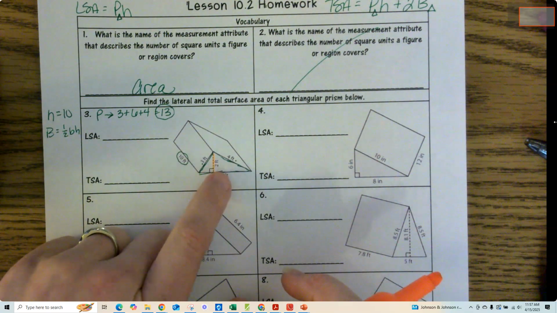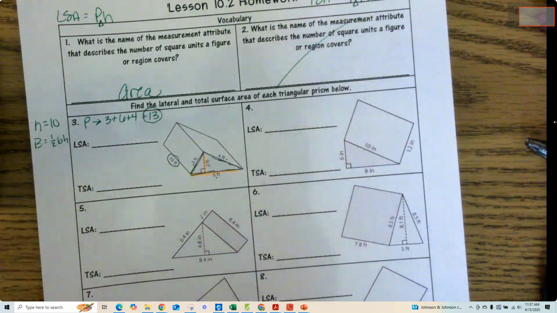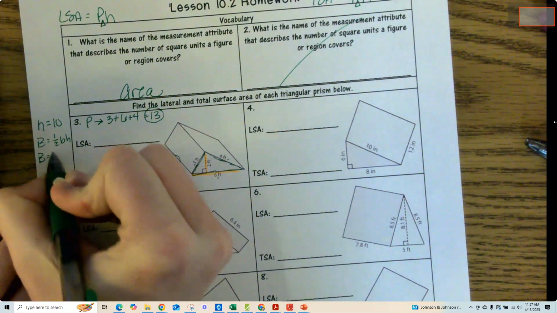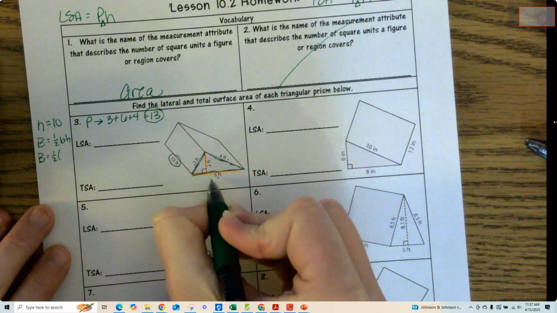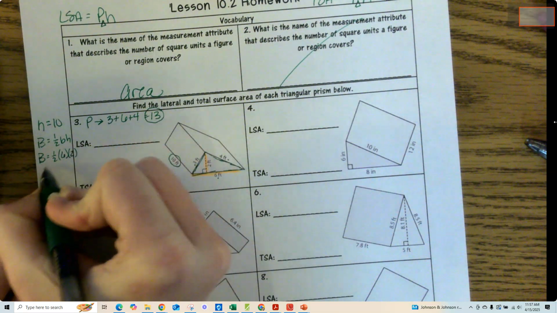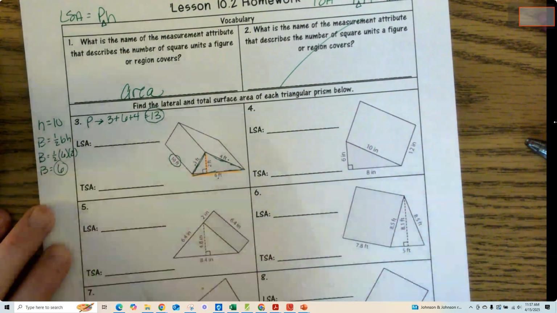That's telling you that that side and that side are perpendicular. It's the perpendicular side. That's kind of how you know in those triangles which one, what am I using? So area of the base here is going to be 1/2 of 6 times 2, which would just be 6.